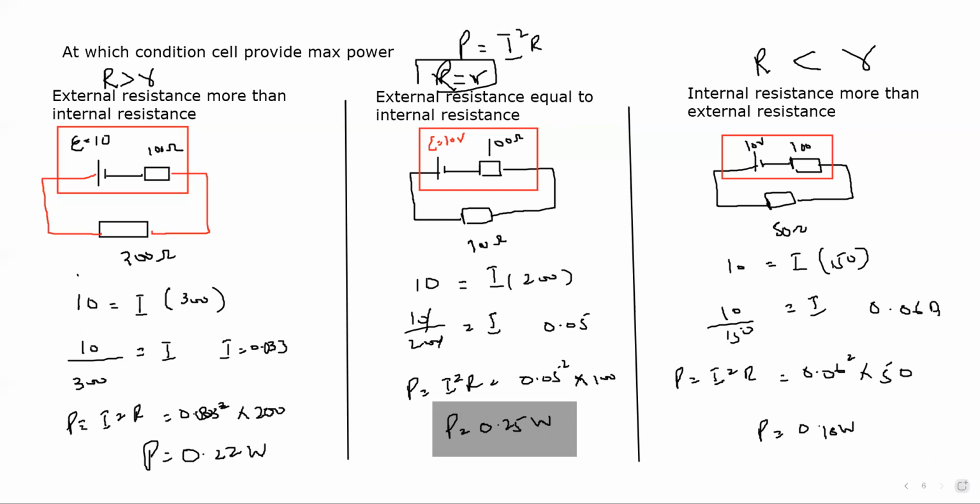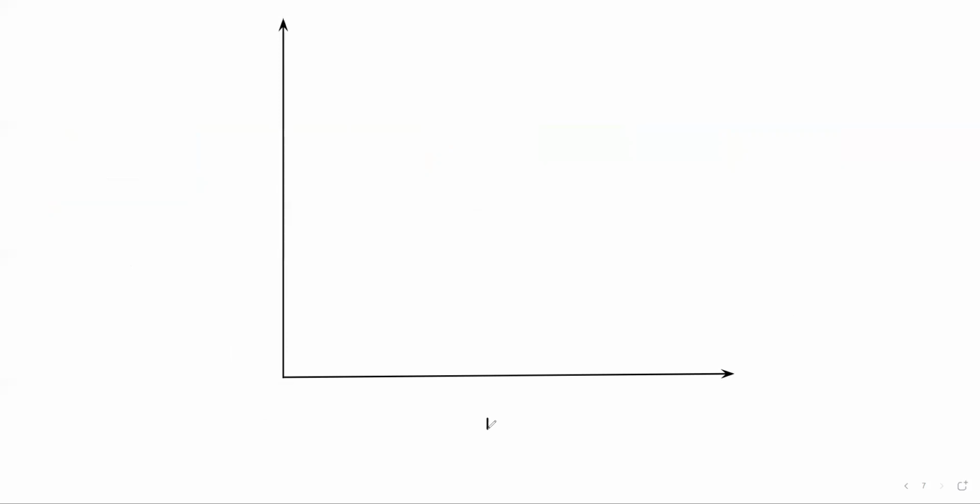So when we sketch a graph for the power output of a battery or a cell against external resistance, or load resistance, what shape will we observe? The power will increase and then decrease.